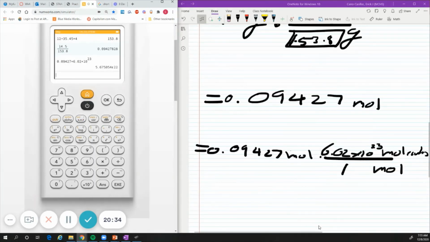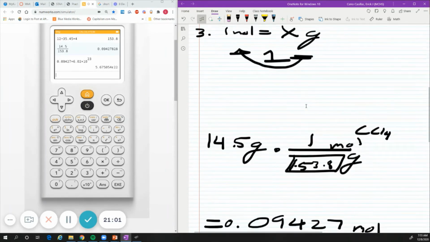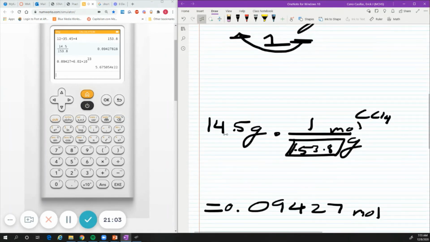So we ended up getting 5.67 times 10. That's what that E means. So when you see E22, that means times 10 to the power of 22, and then the unit, which was molecules. Okay, we have 1, 2, 3 significant figures because at the beginning we started off with 14.5, which is 1, 2, 3.